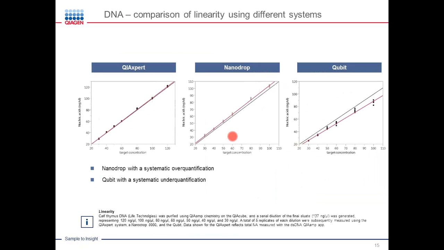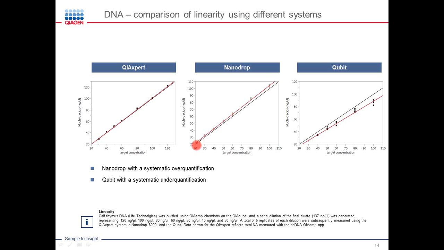And what that means when looking at the linearity of measurement over a broader range of concentrations is shown on this slide here. So you see the target concentration versus the actually measured concentration and 2 lines, a black line and a red line, where in the ideal case all data points would lie on the black line.